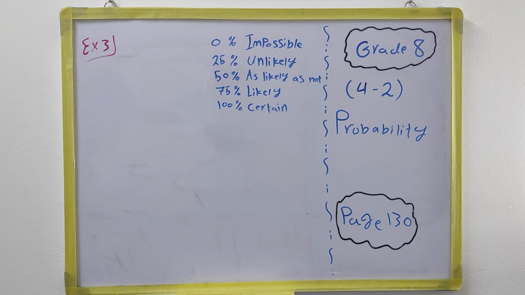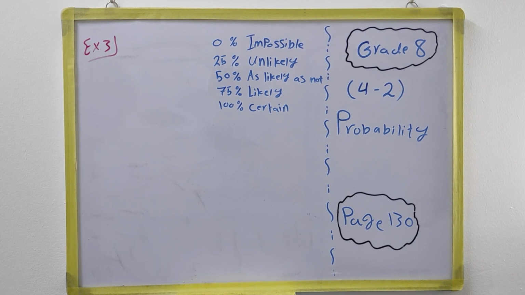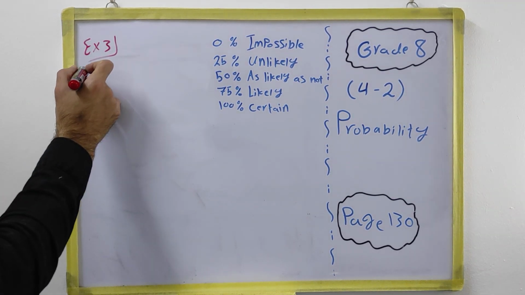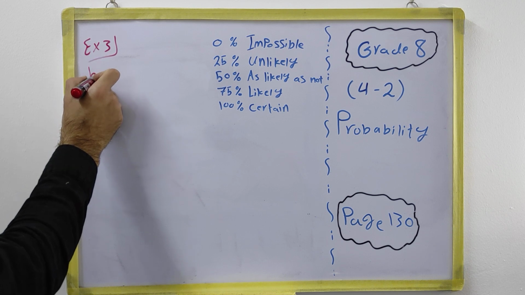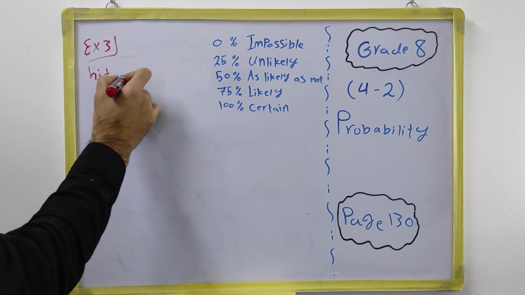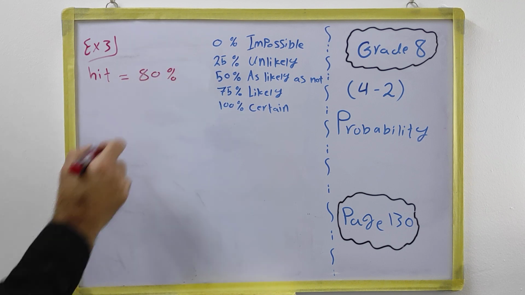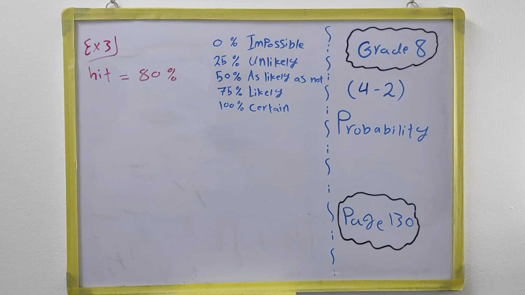It tells you astronomers predict that the chance of a giant meteor hitting the Earth in the next 20 million years is 80%. The probability of hitting is 80% in the next 20 million years.